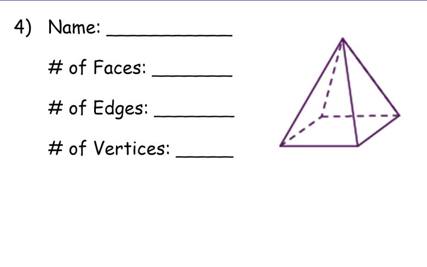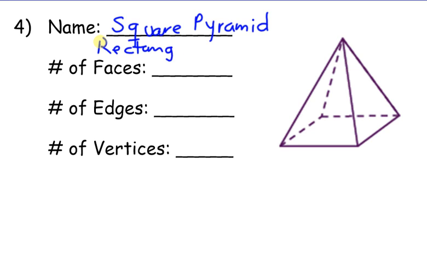Okay? All right, so here we have something called a square pyramid, but you may also hear this called a rectangular pyramid. So go ahead and write both down, and I'm going to explain the difference.